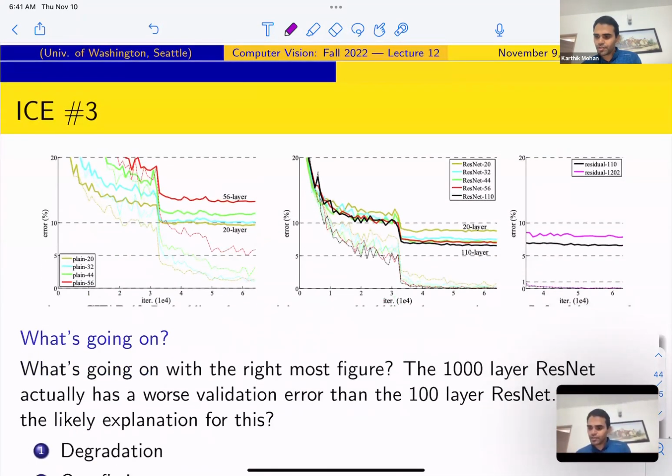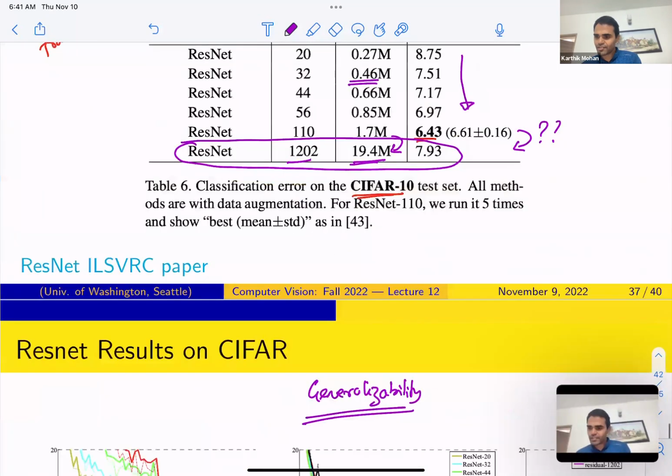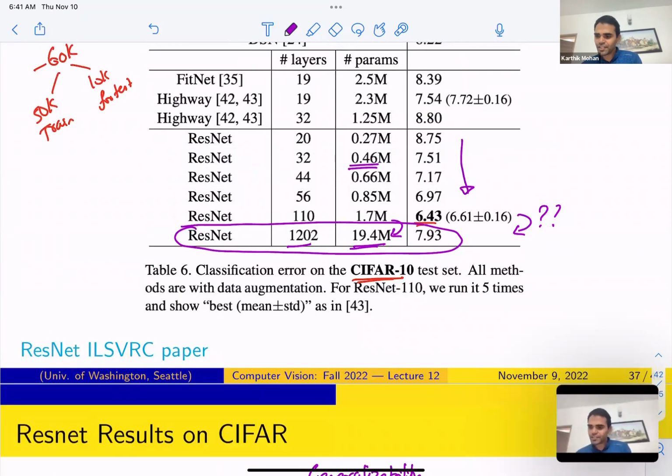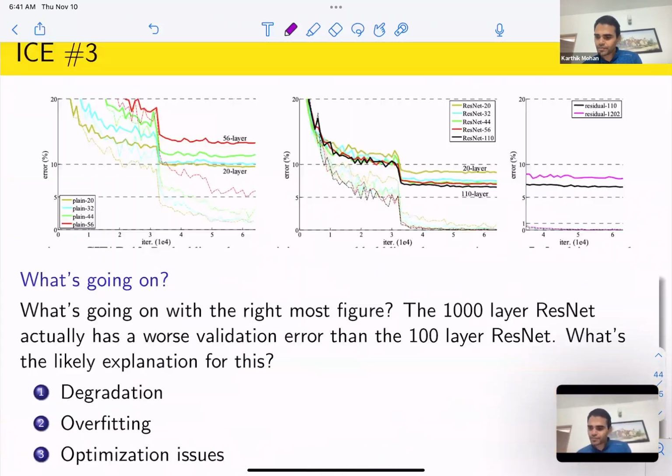Okay, so we spoke about this. The funny thing happening here is when you go from 110 to 1200, the error has actually gone up. So let's talk about that. Let's look at this figure here. You see a comparison between ResNet 110 and ResNet 1200. There's a thick line and a thin line.